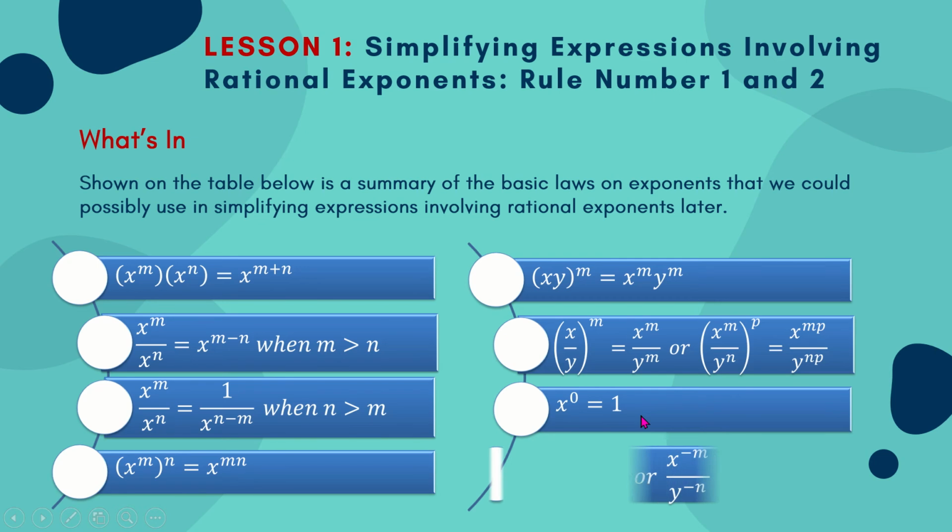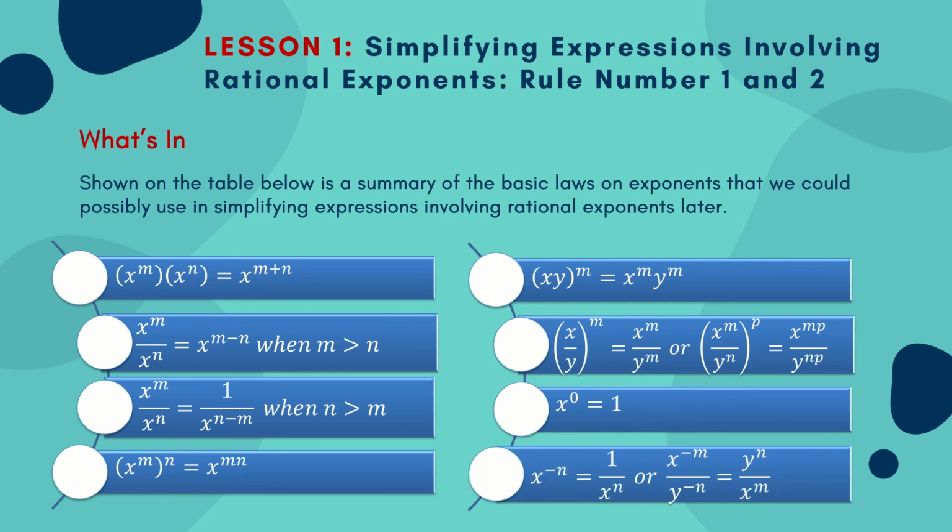And the last law of exponent that we have discussed in module number 3 is when the exponent becomes negative. For any base x raised to a negative exponent n is equivalent to 1 over base x raised to exponent positive n. So to make the negative exponent n positive, you transfer it to the denominator.